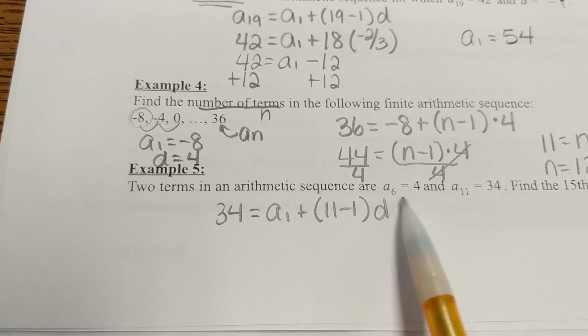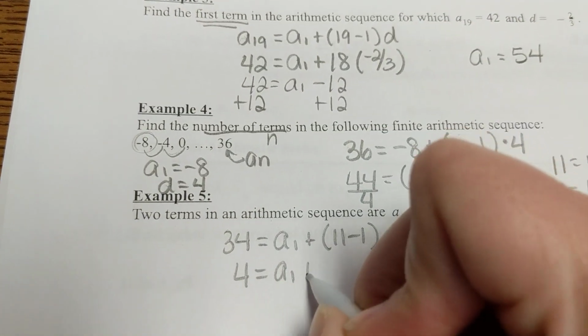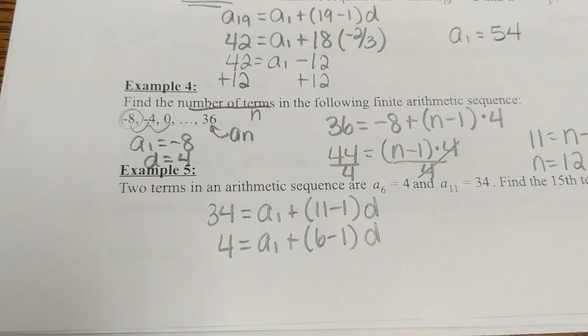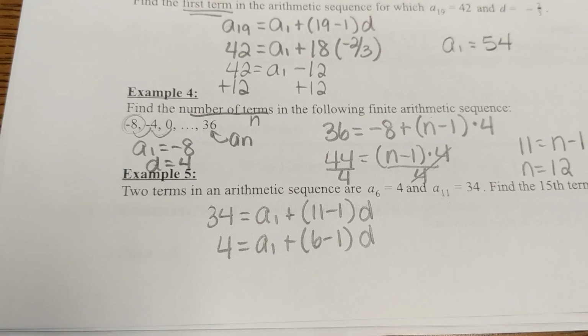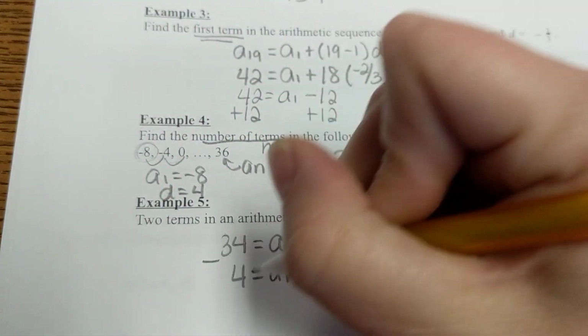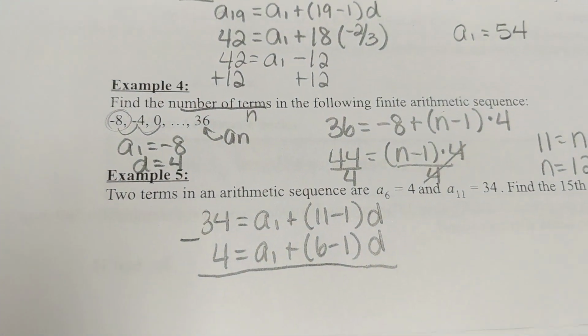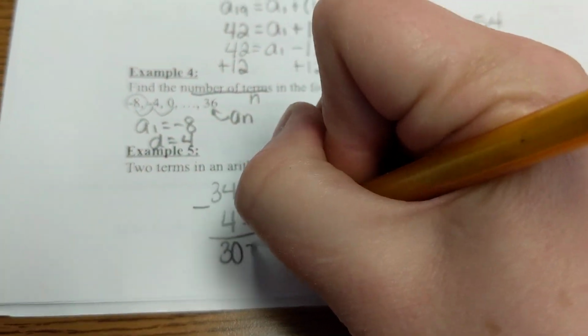I also know the 6th term, so 4, and then 6 minus 1, and D. So since these are arithmetic, I know I can add and subtract these. So what I would do here is subtract these two equations and see if we can get one of these unknowns. 34 minus 4 is 30.